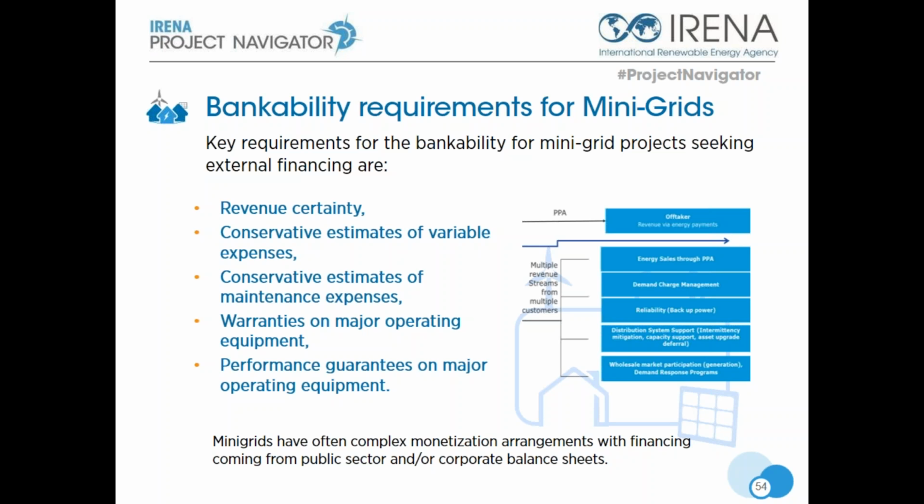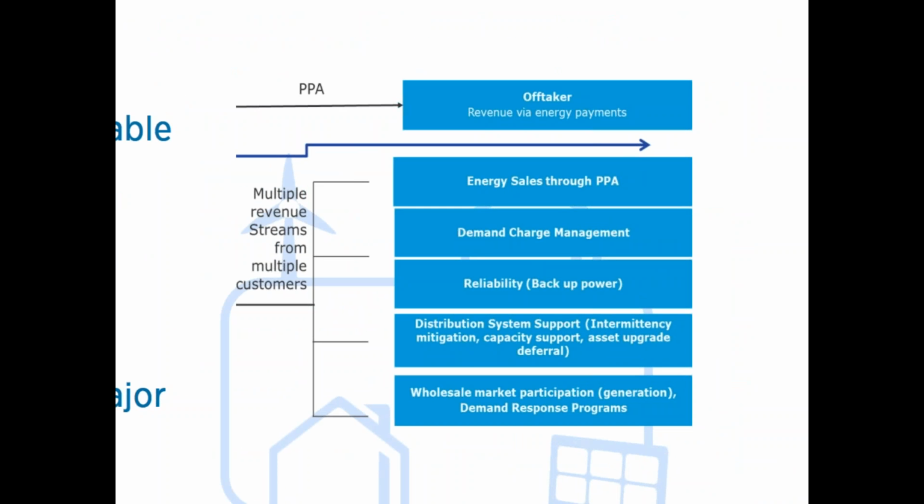Because as the figure on the right shows, revenue streams for mini-grids can be quite complex. In a normal renewable energy project, you often have just a single power purchasing agreement with an off-taker, or a feed-in tariff. So you have basically one customer where you have a contract for getting paid for the energy produced.